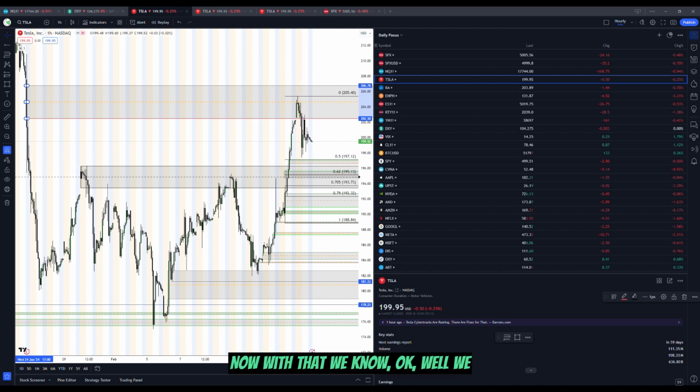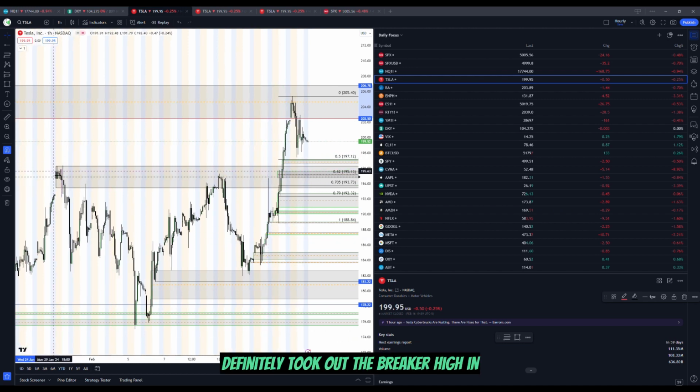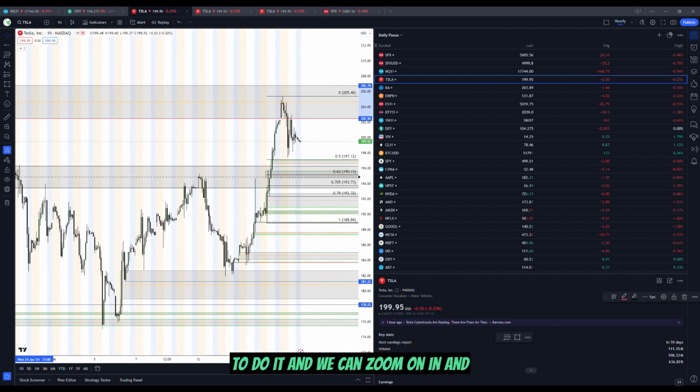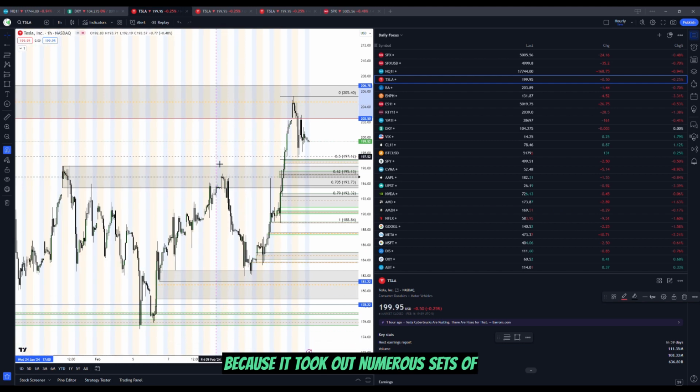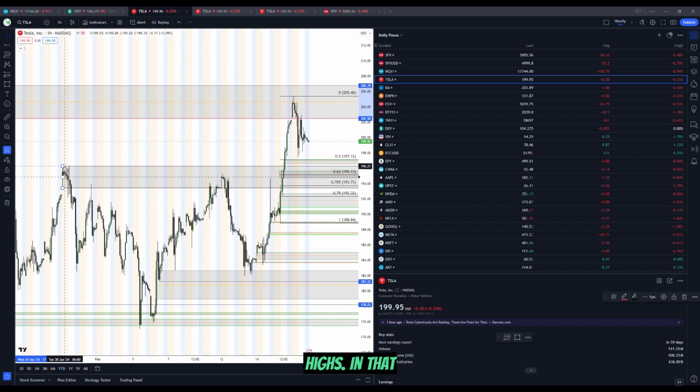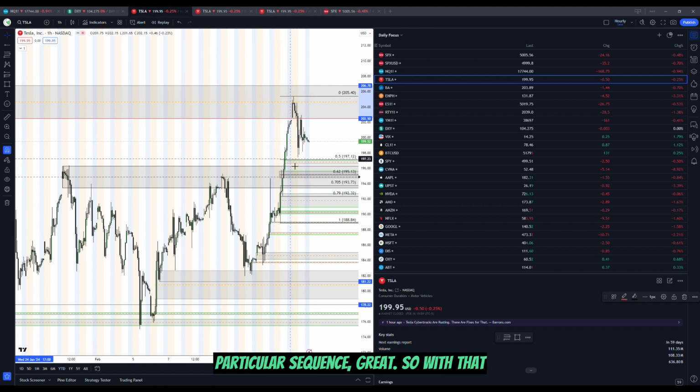Now with that, we know, okay, well, we definitely took out the breaker high in this situation, right? So if we took out that breaker high, what was the price run to do it? And we can zoom on in and say, well, this low to that high is our new bullish range because it took out numerous sets of highs in that particular sequence.